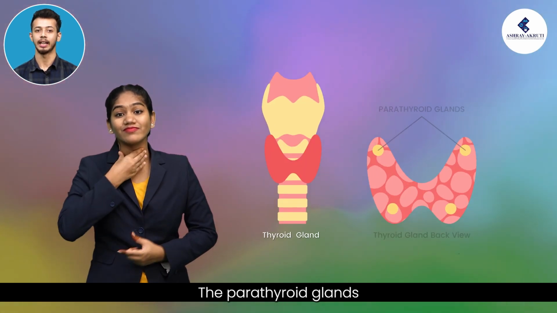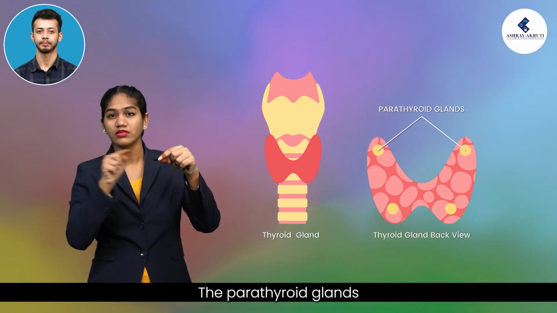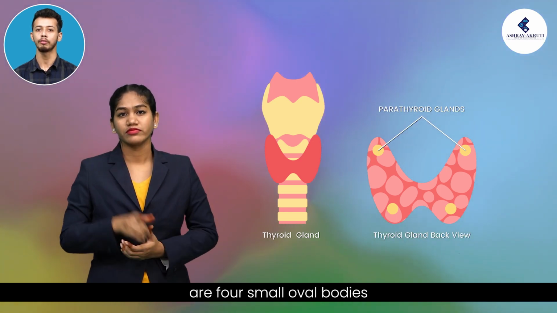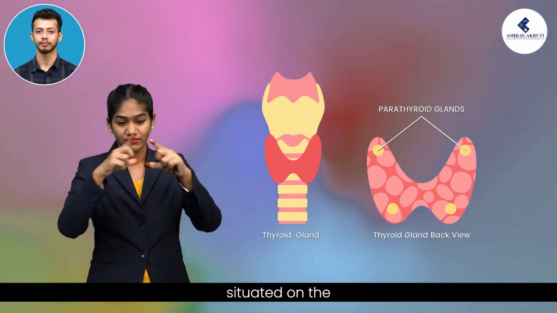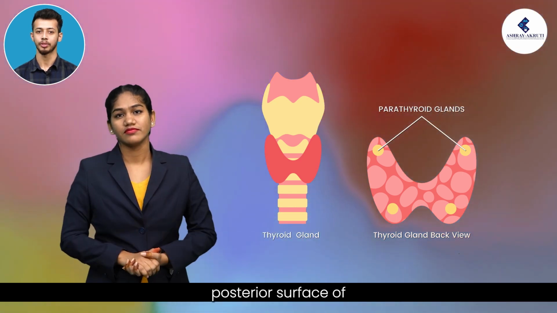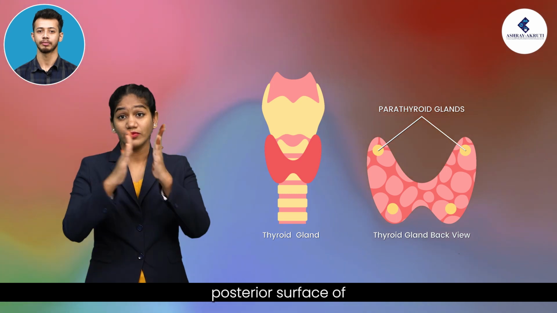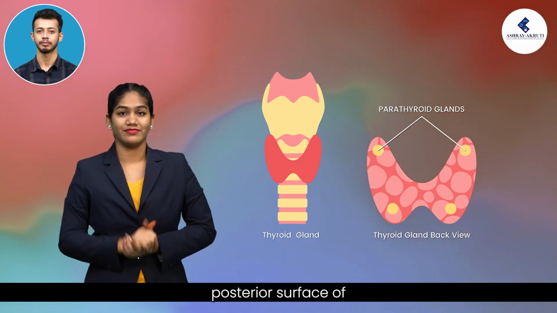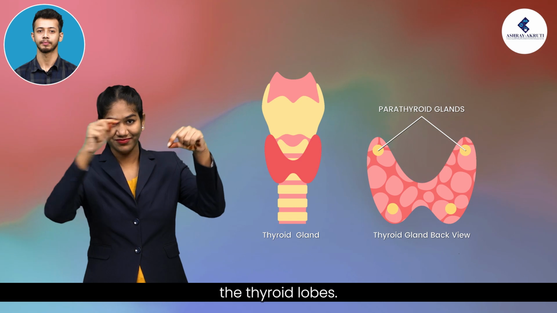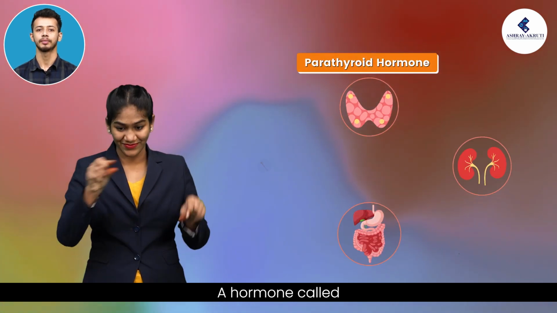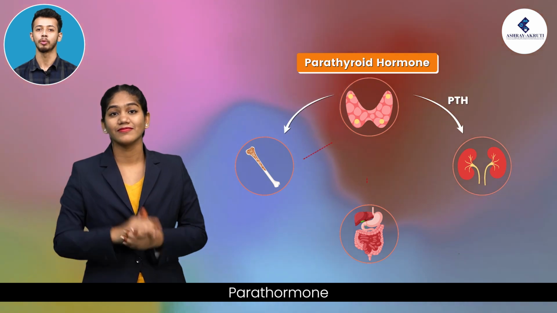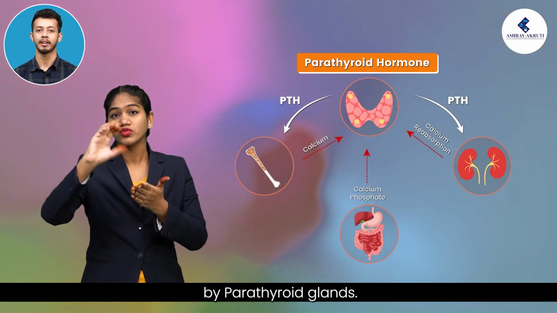The parathyroid glands are 4 small oval bodies situated on the posterior surface of the thyroid lobes. A hormone called parathormone is produced by parathyroid glands.